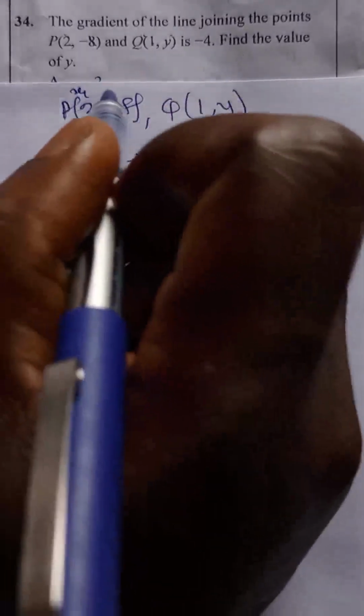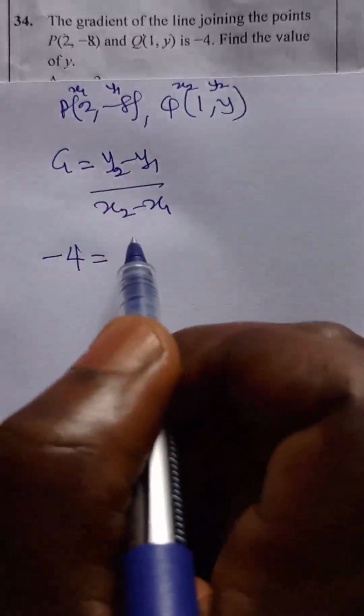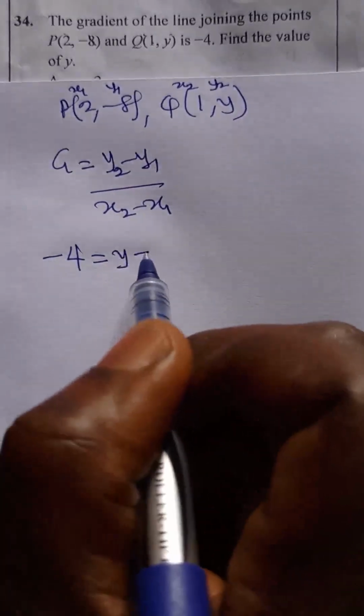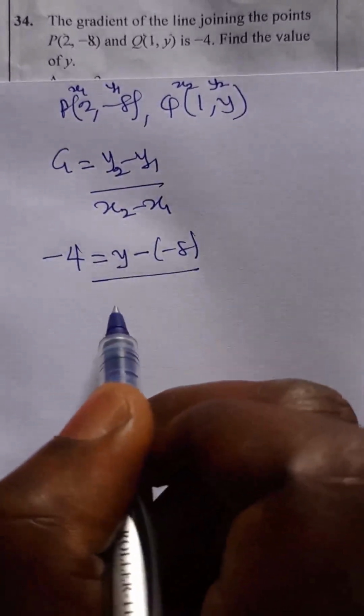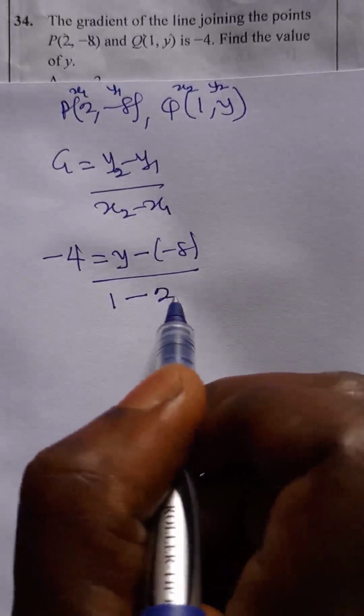This is x1, y1. This is x2, y2. So now our y2 is y, minus what is y1, that is minus 8, divided by what is x2, that is 1, minus what is x1, that is 2.